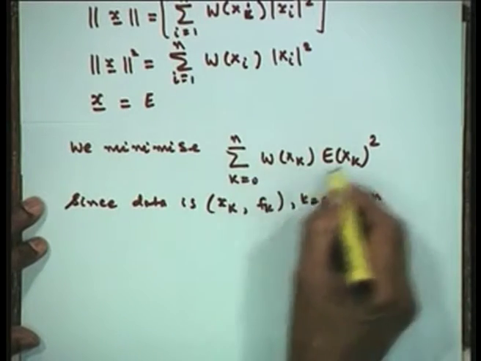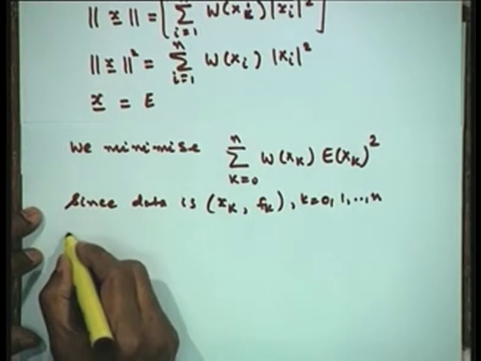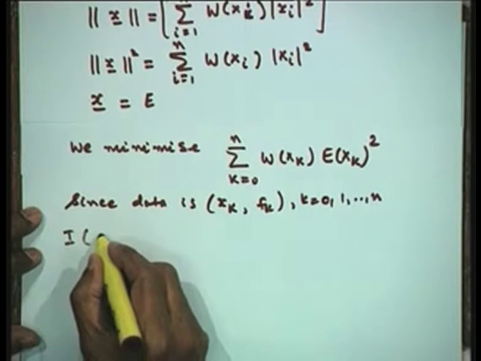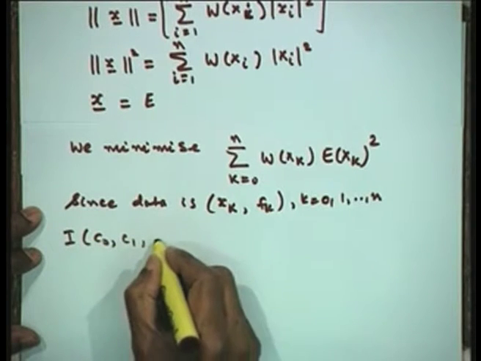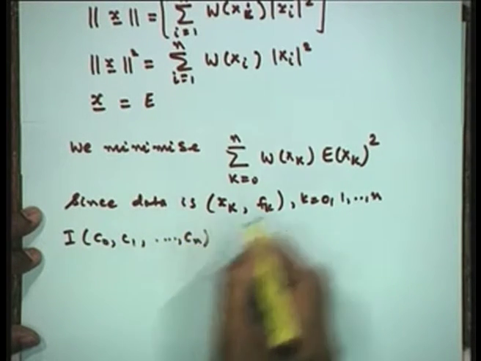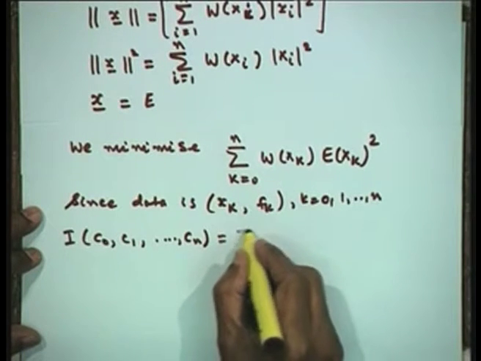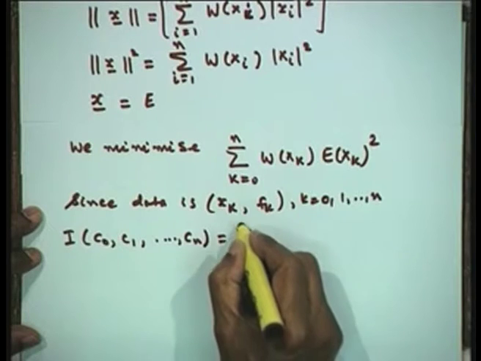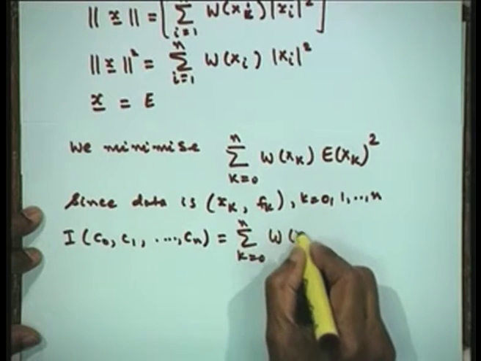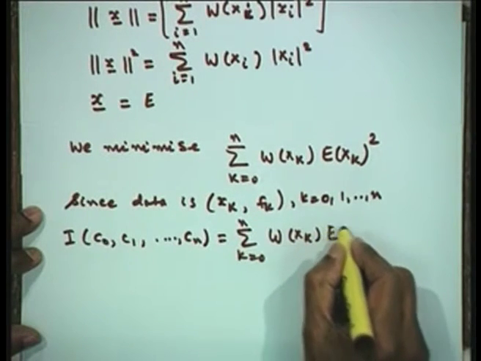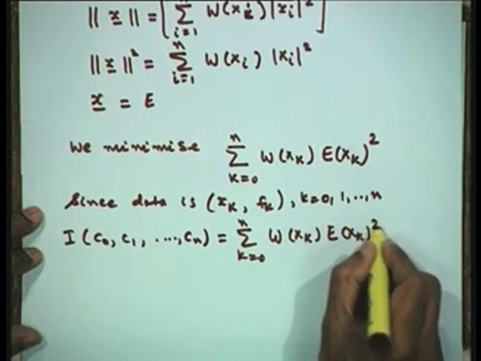Now, let us denote this by some I. I is equal to a function of the constants C naught, C 1, C 2, C n, because E contains your error, and this is k is equal to 0 to n w x k E x k square.